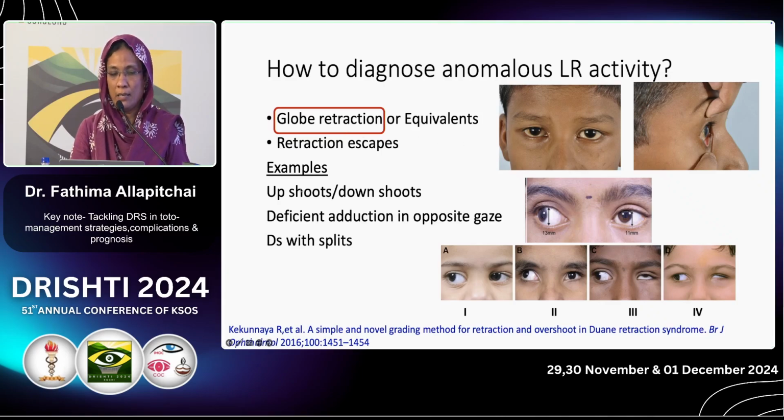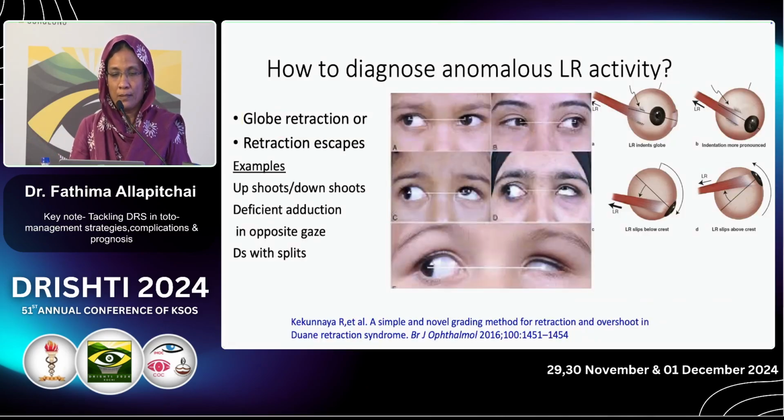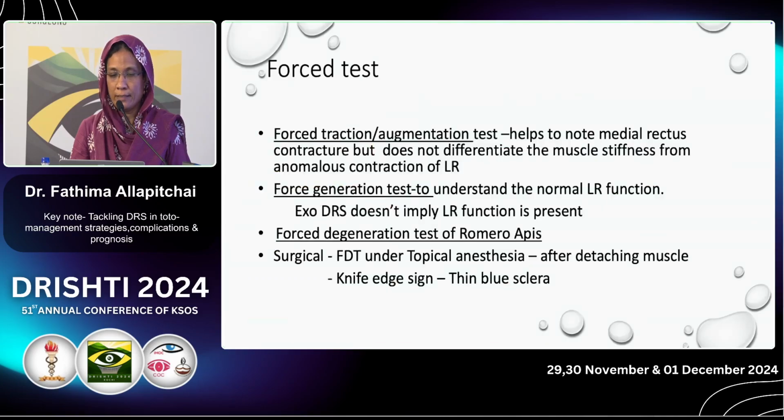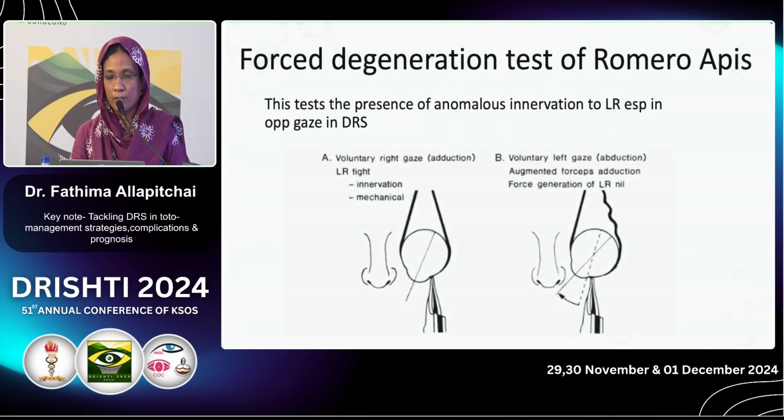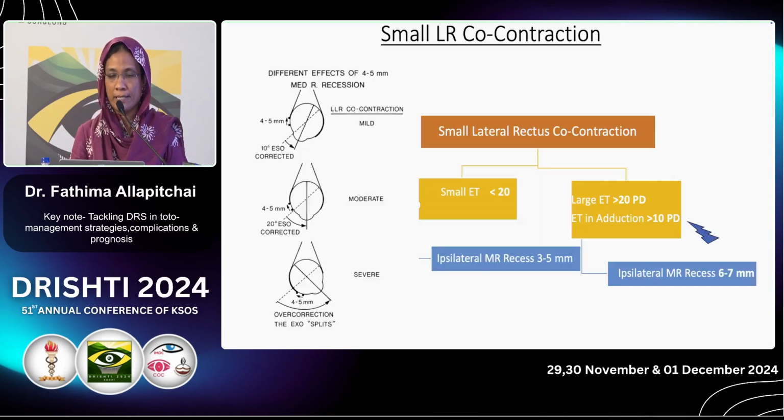Equivalents are upshoot, downshoot, or deficient adduction in opposite gaze, and DRS with split in extreme gaze. When the eye tries to adduct, the eye goes for abduction. So these are all the things already discussed. Forced adduction tests are also clearly described. The Romero Apis test is a very good innovative technique to diagnose DRS.